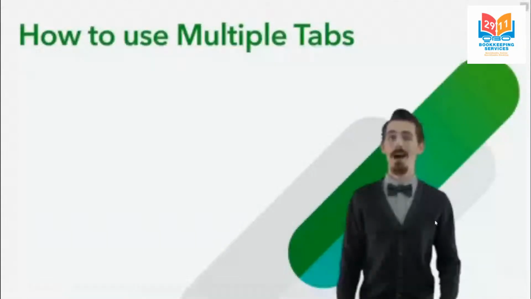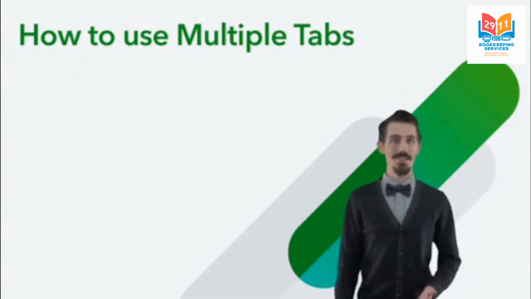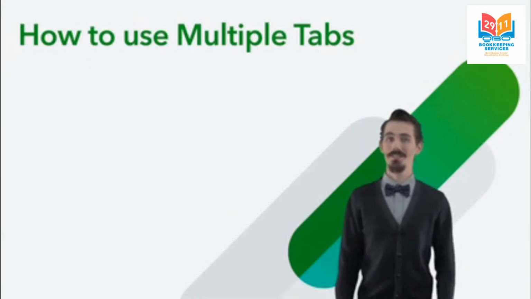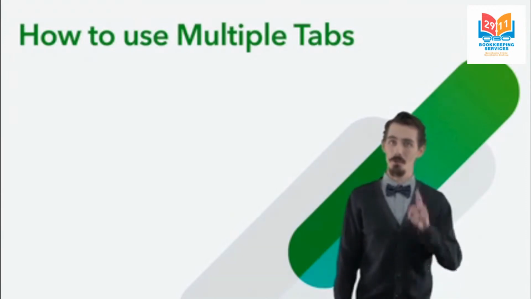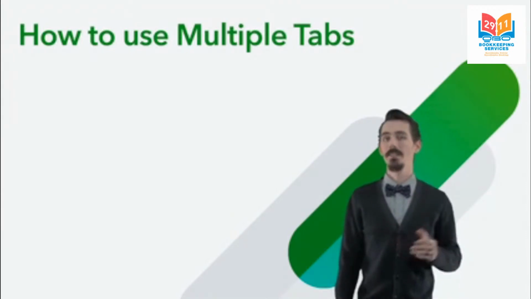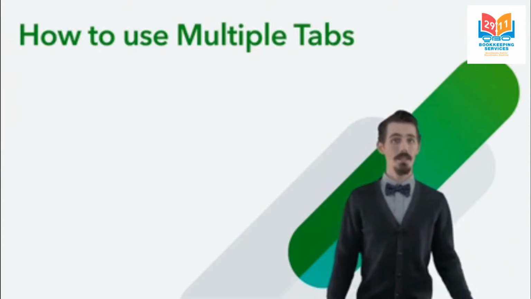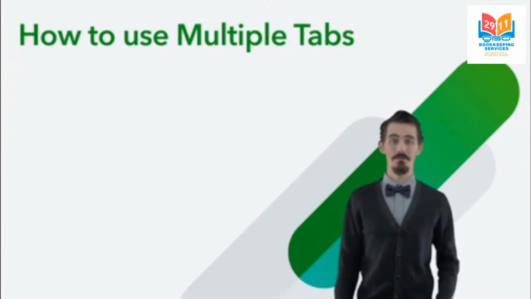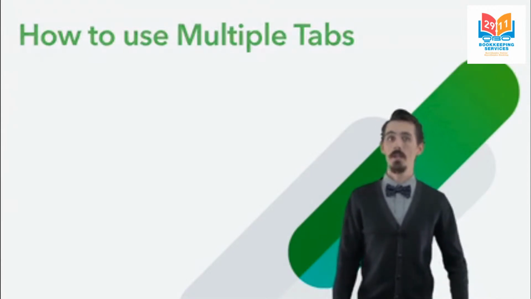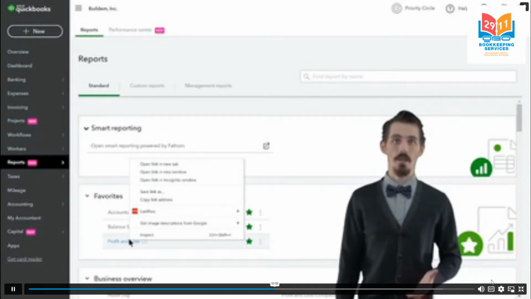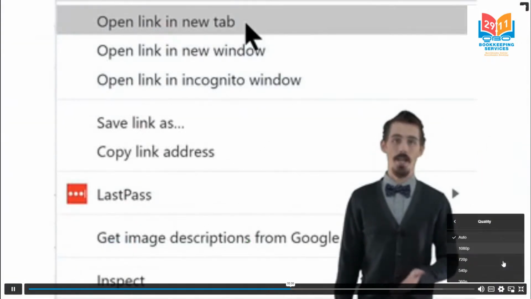QuickBooks Online is a powerful software with many capabilities. But if you're used to the desktop version of QuickBooks, you may be disappointed to see that QuickBooks Online only shows one window at a time. This is a limit faced by all web-based programs. Luckily, there's a simple solution to this: multiple tabs. Most web browsers let you right-click on a link or a page and open that link in another tab.